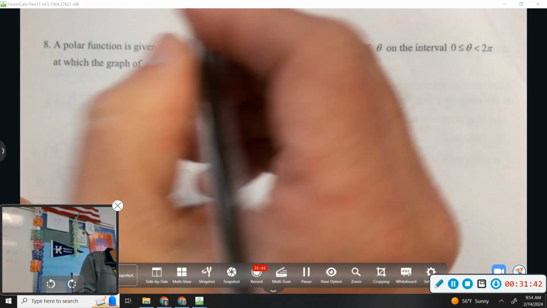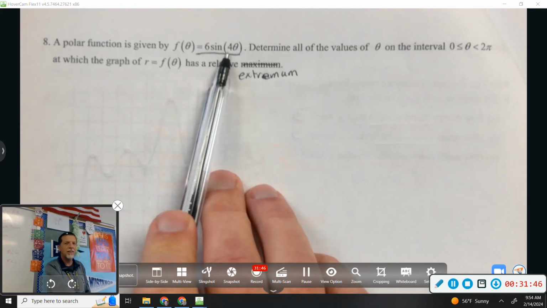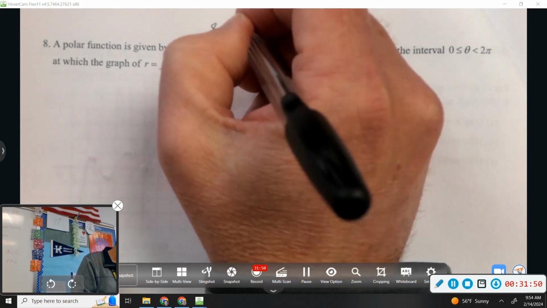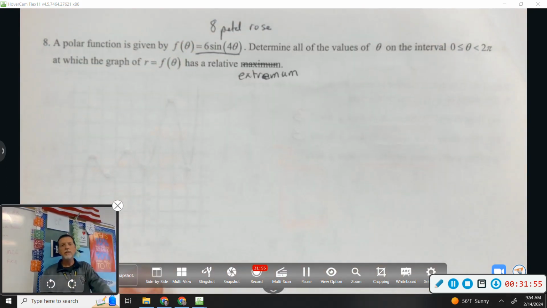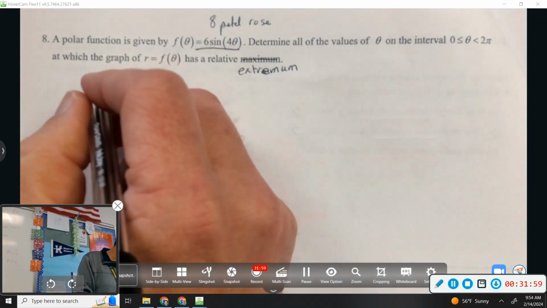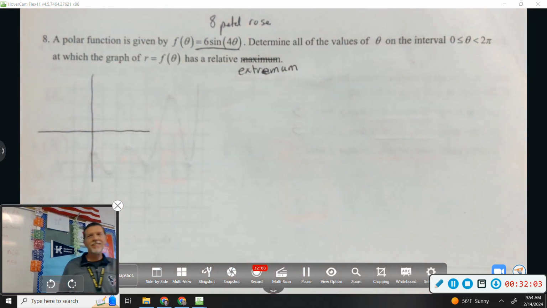What's this shape? 8 petal rose. It's a sine. What does that mean for roses? Yeah, it means not on the x-axis. It's also not on the y-axis, but the main thing is not on the x-axis.